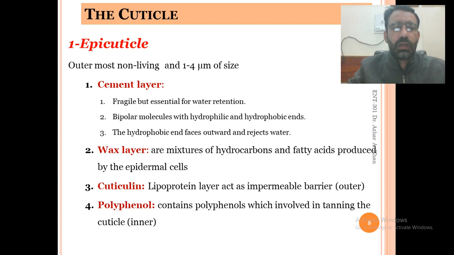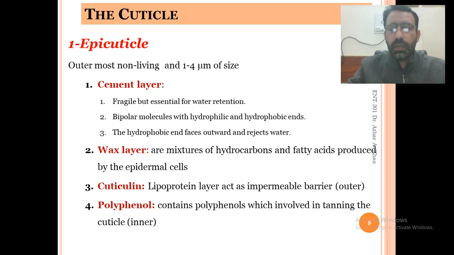The outermost non-living layer, which is 1 to 4 micrometers in size, is the cement layer. That is fragile but essential for water retention. So the cement layer is actually made for retention of water.